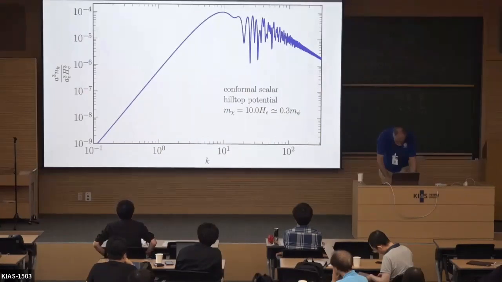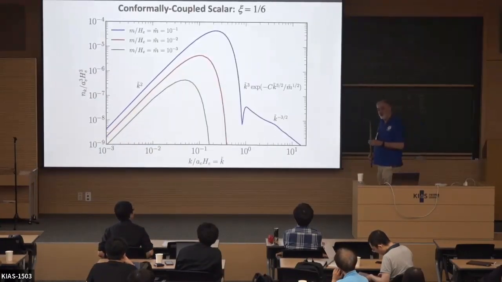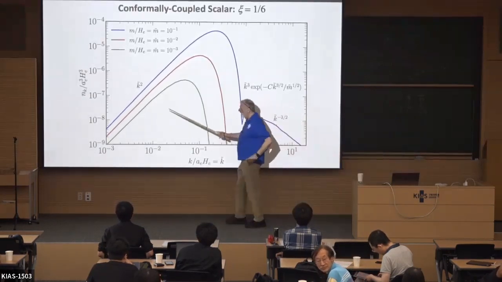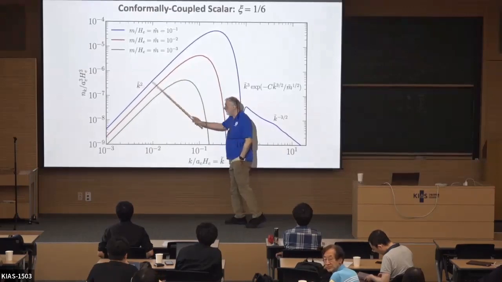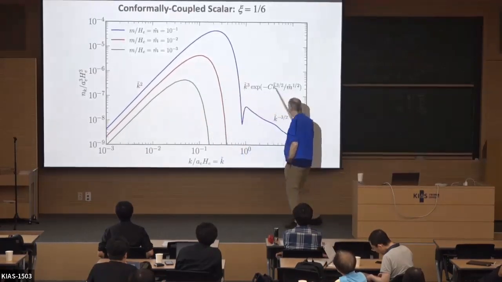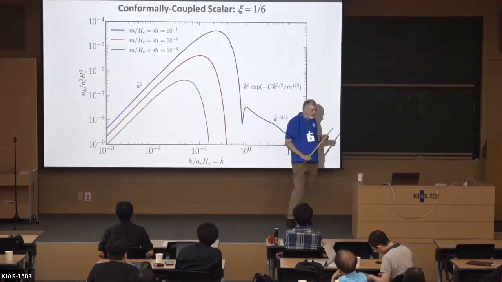So I want to take some time now, probably for the majority of the rest of this morning, to say why we expect this to be k squared, why we expect this to have this form, and why we expect k to the minus 3/2 eventually.